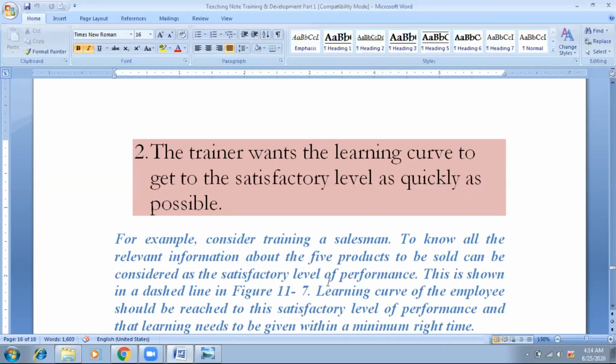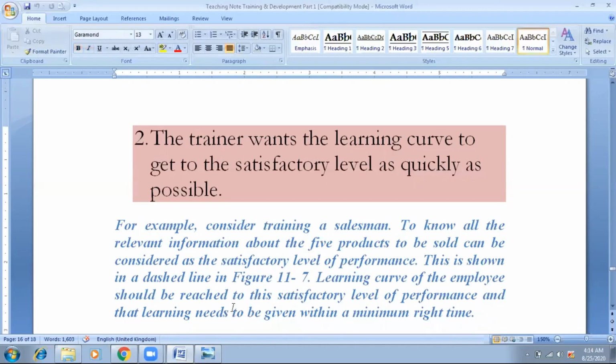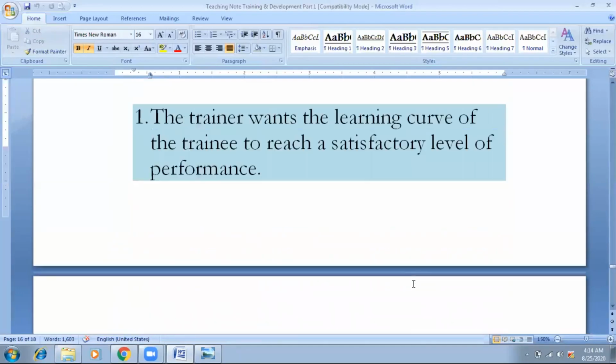That is the satisfactory level of performance. So the learning curve of the employee should reach the satisfactory level of performance, and that learning needs to be given within a minimum time, without wasting time.